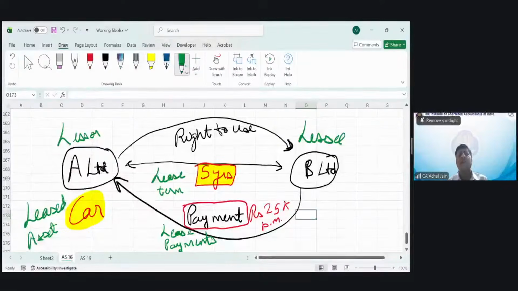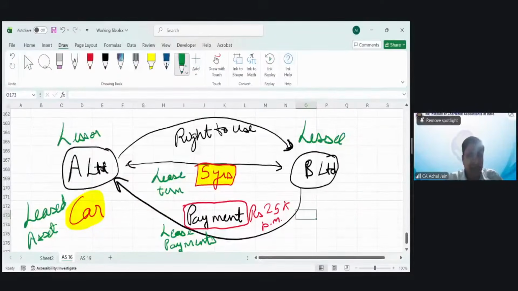Now, around this lease payment, there is a concept which you call minimum lease payments. That again we'll have to discuss further. What are those minimum lease payments? The minimum amount of lease payment which the lessee is required to pay to the lessor.